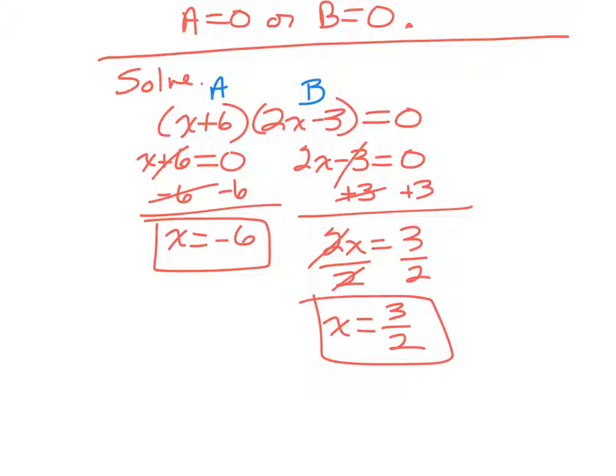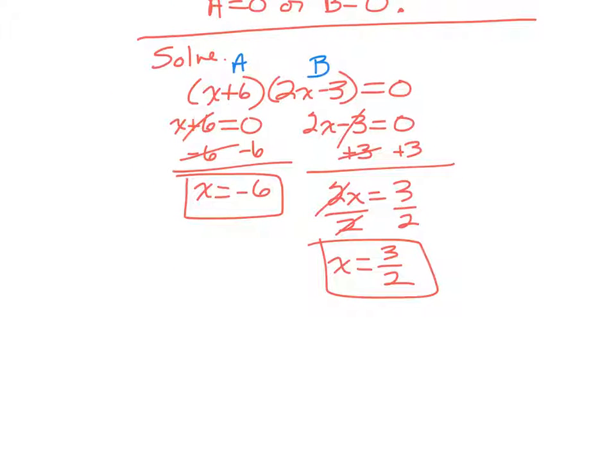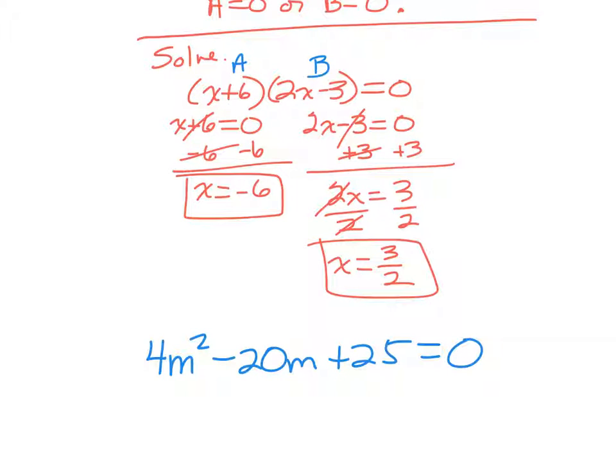So you might be wondering, Mr. Black, what does this have to do with quadratic equations? Well, in a moment, we're going to consider this equation: 4m squared minus 20m plus 25 is equal to 0.